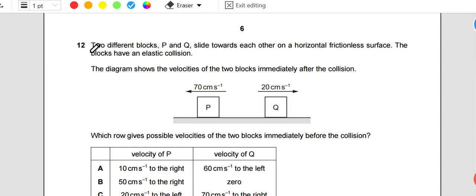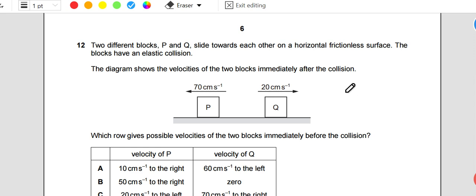Which row gives possible velocities of the two blocks immediately before the collision? So we have a frictionless surface, so conservation of momentum is applied. We have an elastic collision, so conservation of kinetic energy applies. Let us write equations to represent these conservation laws.